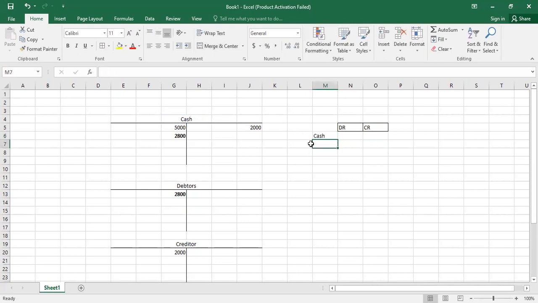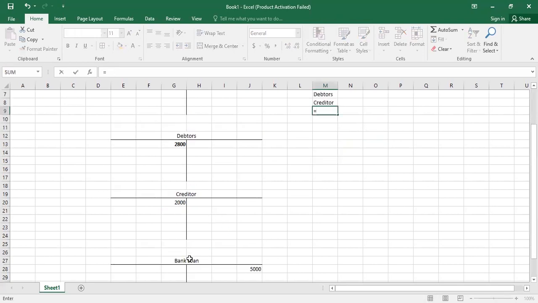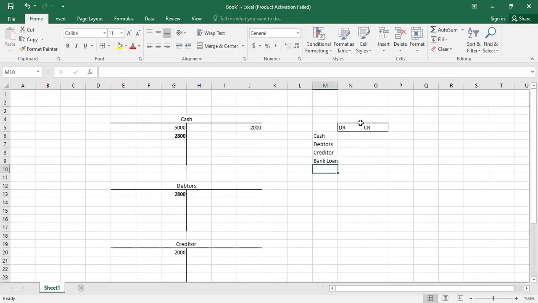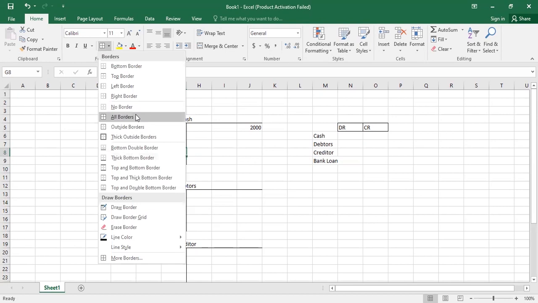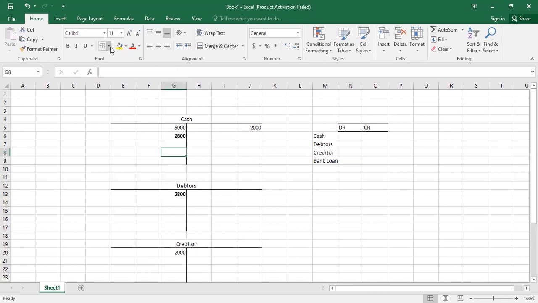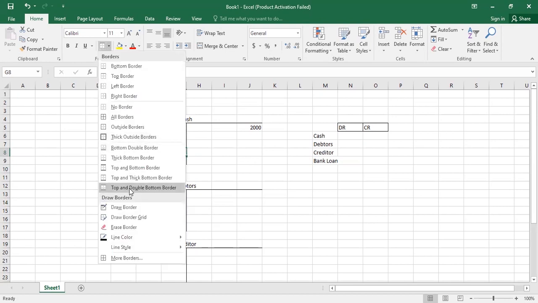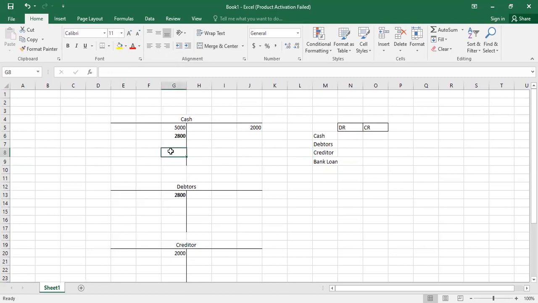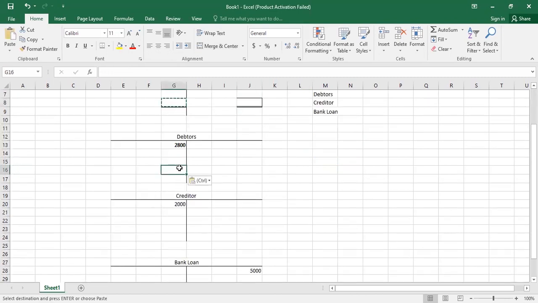Cash account and the other one debtors account. Okay. Creditor account and the bank loan account. These are the accounts. Is it clear to you? Yes or no, guys? Right. Now I'm going to balance these ledger accounts. You need to know now.